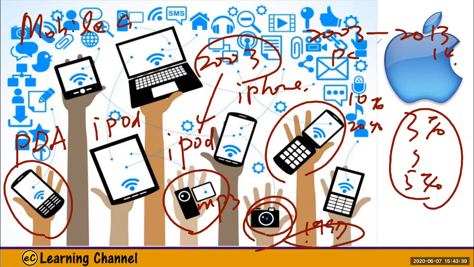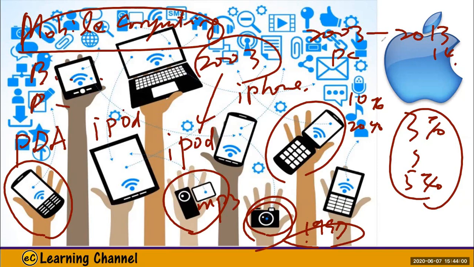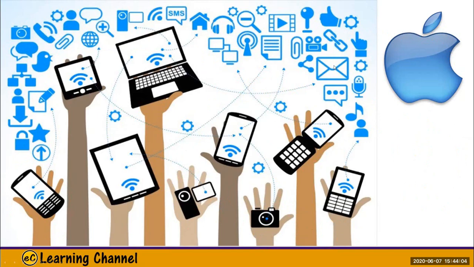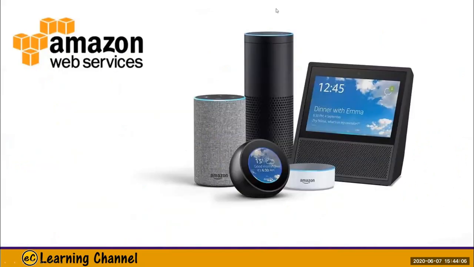So the computer can actually be moving around, no longer a desktop computer, not just a notebook. Is that okay? Is that okay? So this era is actually mobile computing. Before that we had business use computing, then personal computing, now mobile computing. And the next stage that we are in right now is this one.